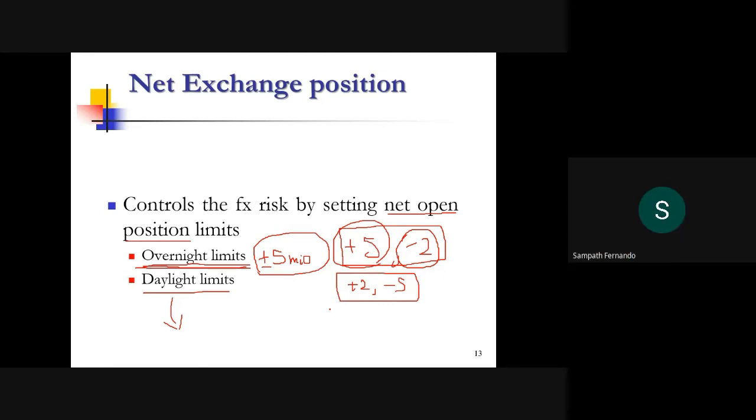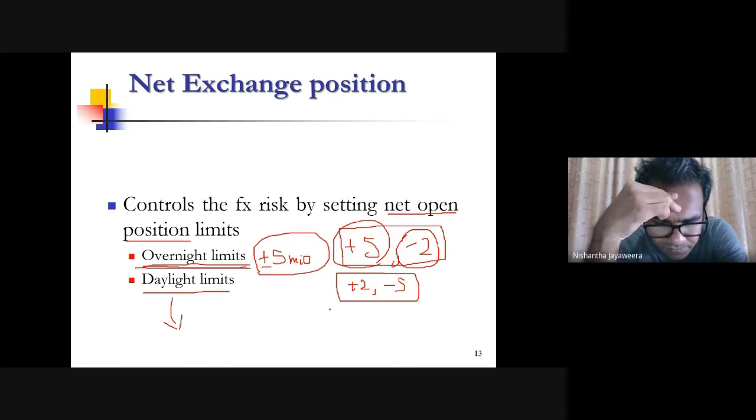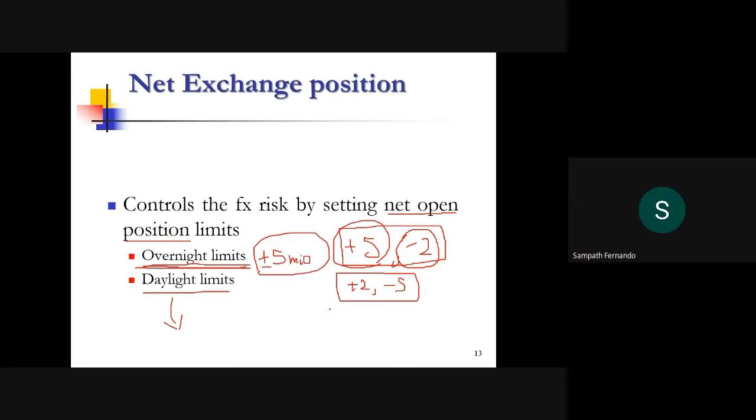If one dealer is above the limit at the end of the day, or short of the limit, how can he come to that position?